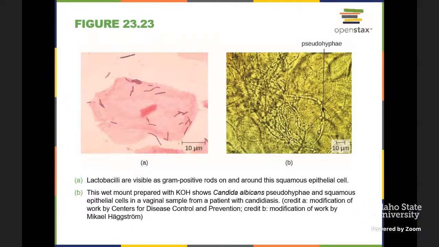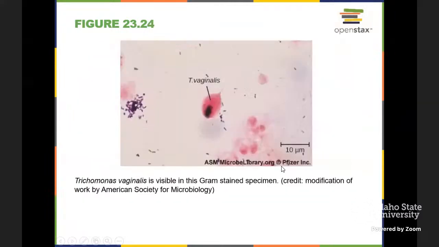And as they get depleted, yeast cells and other organisms potentially may have an opportunity to take hold. And another reason with antibiotic therapy that the consumption of yogurt helps to mitigate the depletion of these within the vagina.